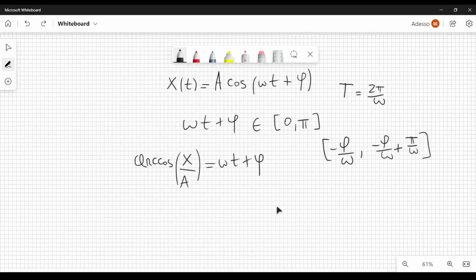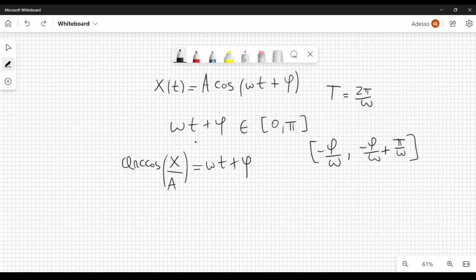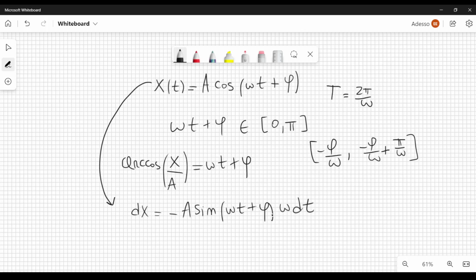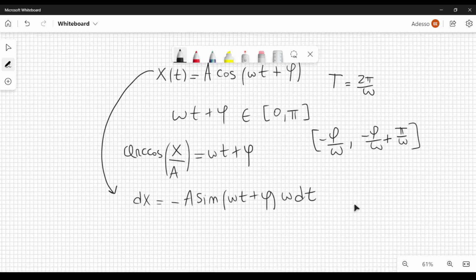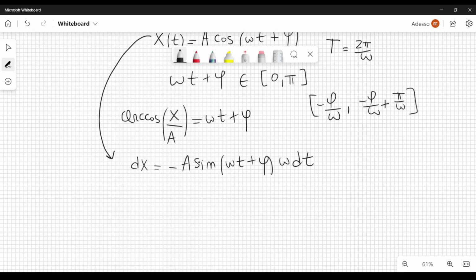Anyway, now we can consider the following. We can differentiate this equation, so we get dx equal to minus A sine of omega t plus phi times omega dt. We can then rewrite it as dx divided by A, and then divided by the sine of omega t plus phi.